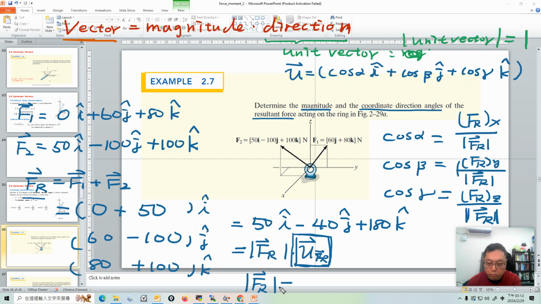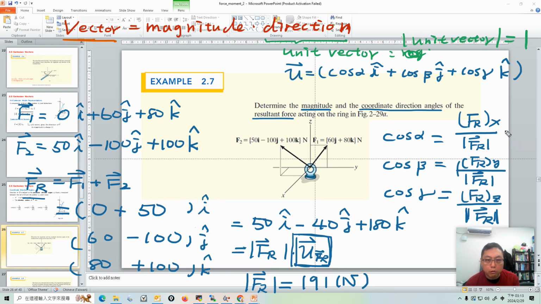So we have to do some calculation. It's 50 squared plus 40 squared plus 180 squared, and take the square root. It's 191. The unit is Newton.